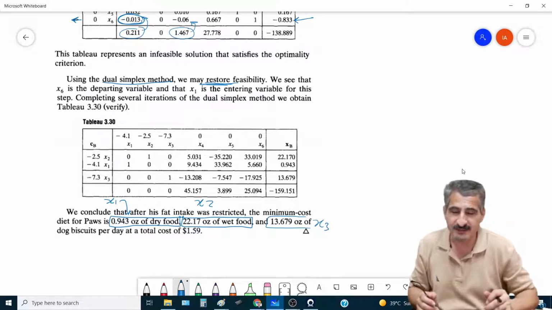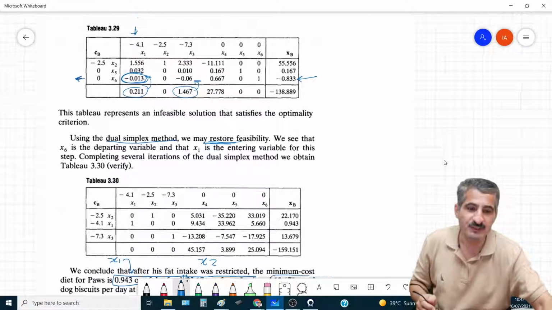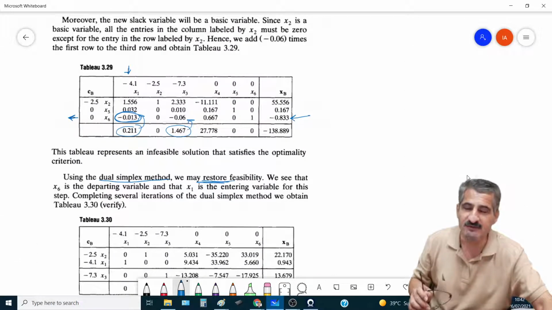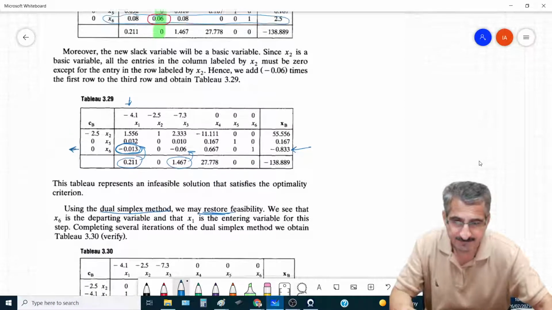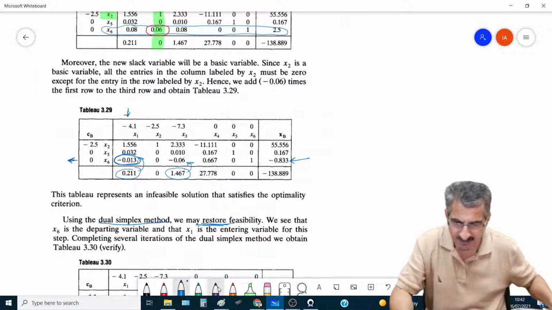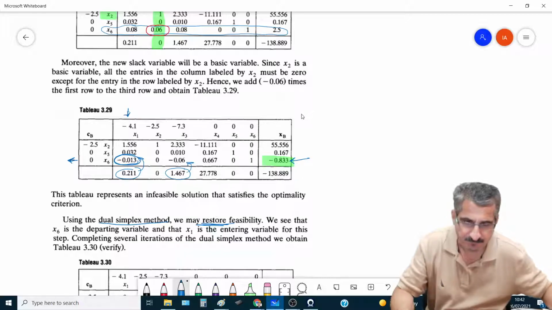Now notice that when we added the new constraint, what happened? We lost feasibility. What I mean, we have something negative here. So let me write that.